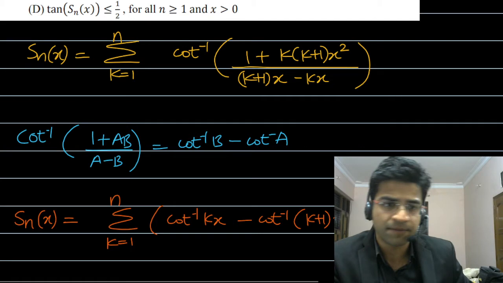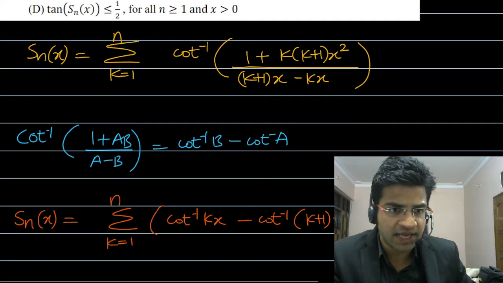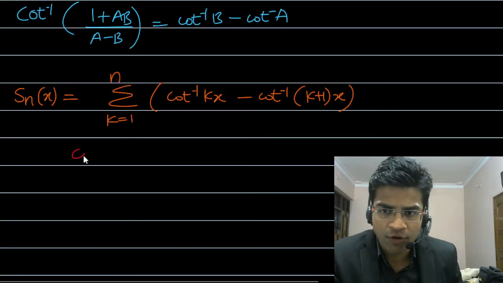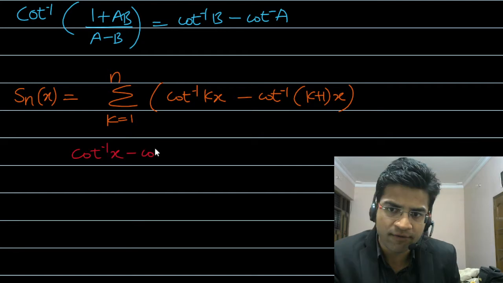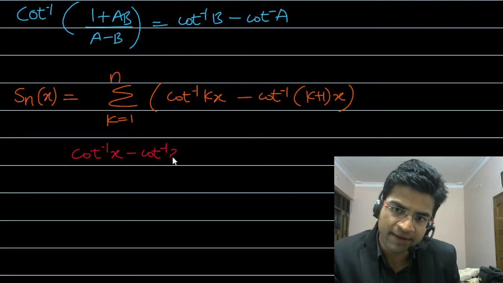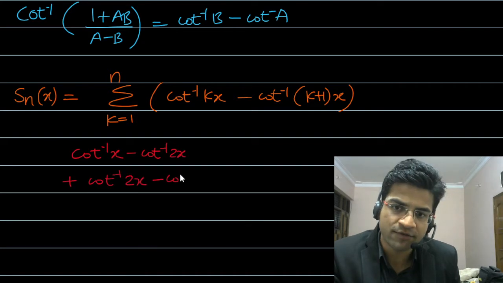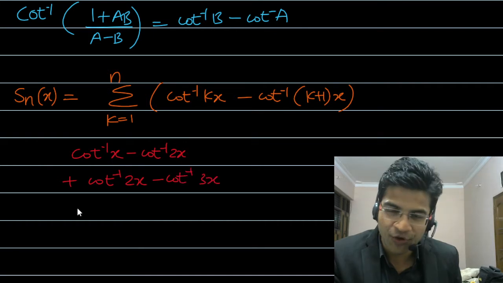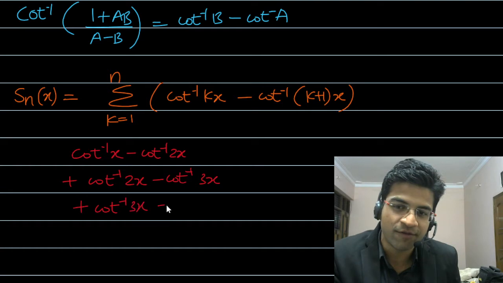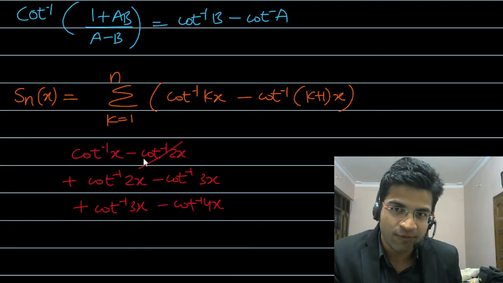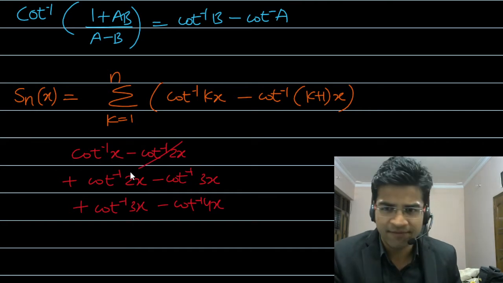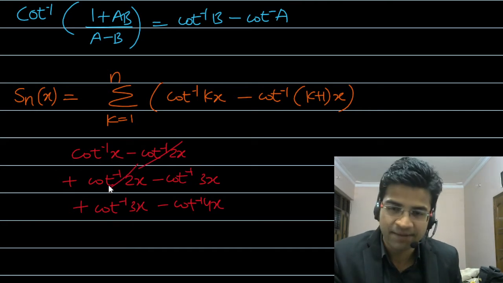When you replace k equal to 1, you will get cot inverse of x minus cot inverse of 2x. Then plus cot inverse of 2x minus cot inverse of 3x. Third term will be cot inverse of 3x minus cot inverse of 4x. I hope you can see it. The second part of the first term and the first part of the second term get eliminated.